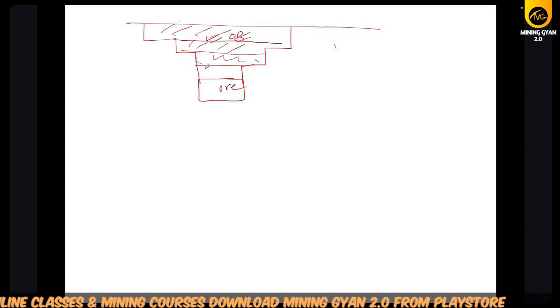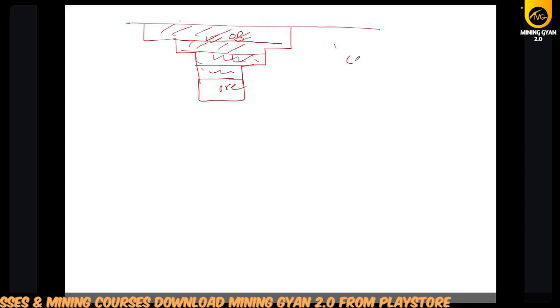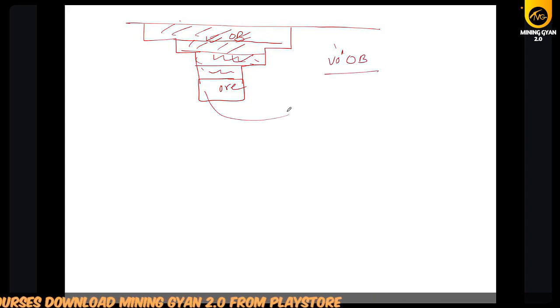So OB volume divided by the area of this. So all are rectangles, you can solve easily.